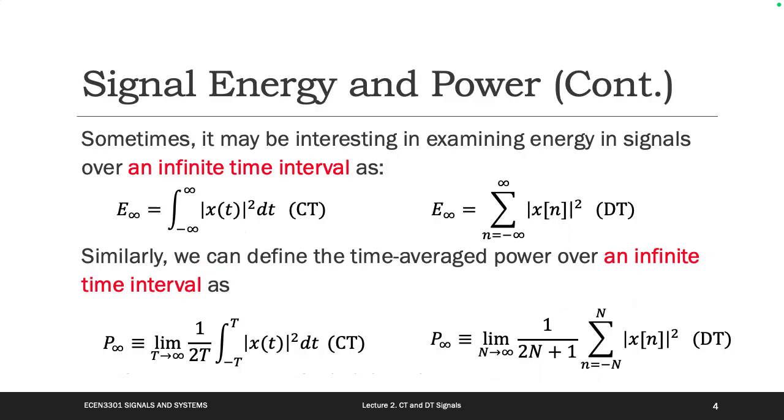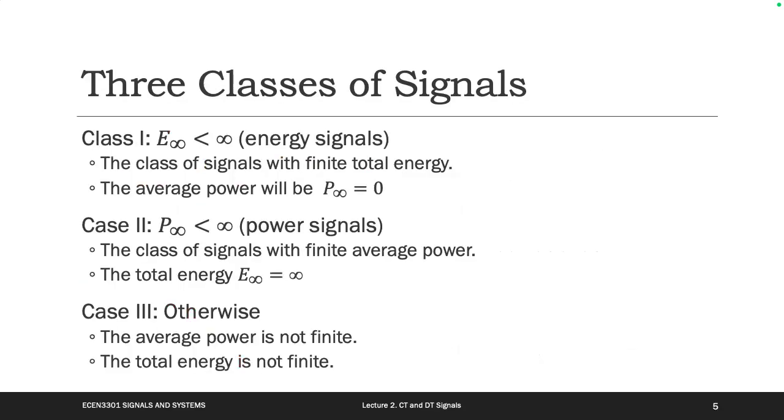This is the definition for signal energy and power. And then, based on signal energy and power, we can divide all signals into three different classes. The first one, class 1, we call energy signals.